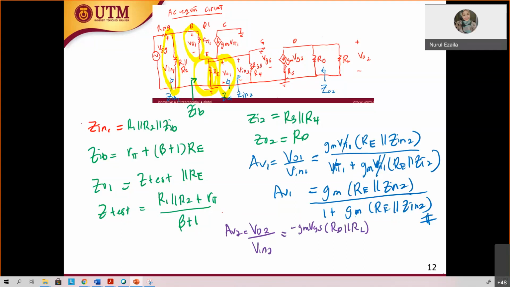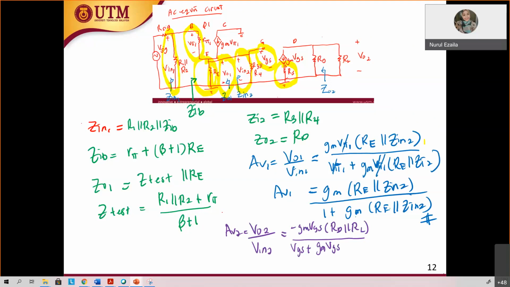Over V in 2, the same method as V in 1, the total voltage across that one. So this is your V in 2. Now we want to see the total voltage across here. Can I say VGS plus something here? Yes, so it is equal to the VGS plus voltage across RS.